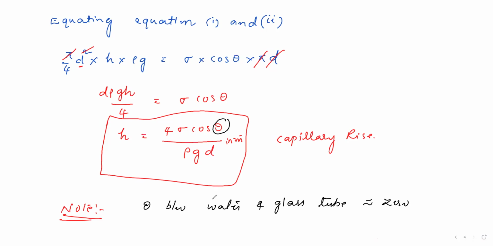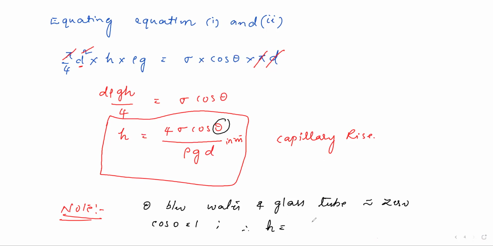So we are aware that cos 0 is equal to 1, right? So the above equation will become, because when this condition is applicable, if the liquid is water, then the angle will not be given and we can assume it is equal to 0.